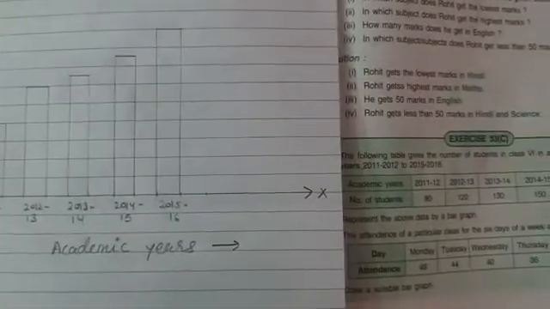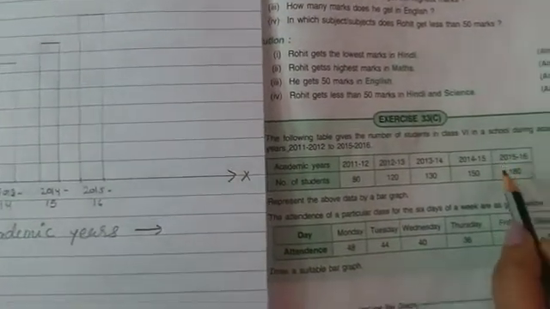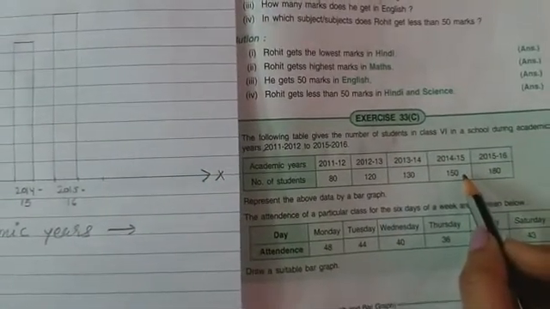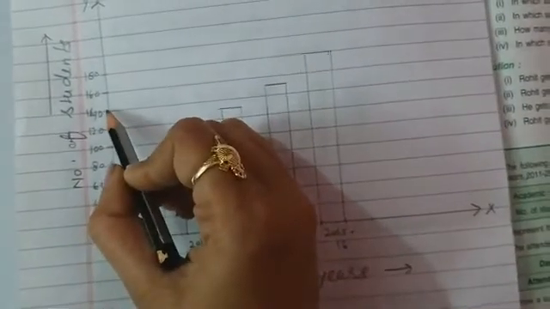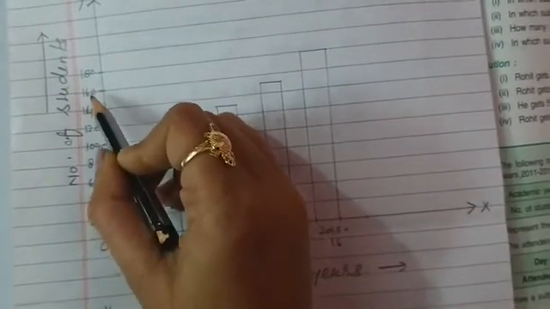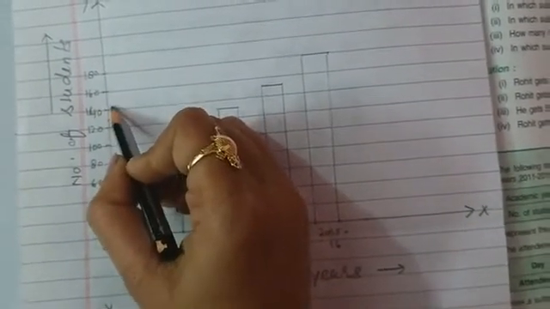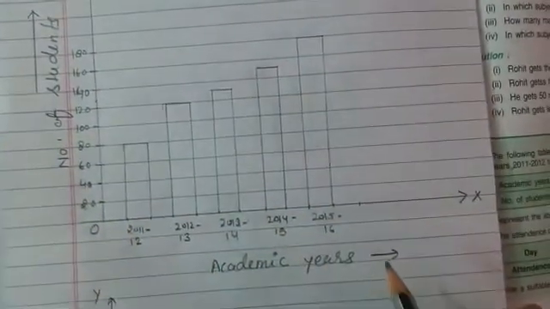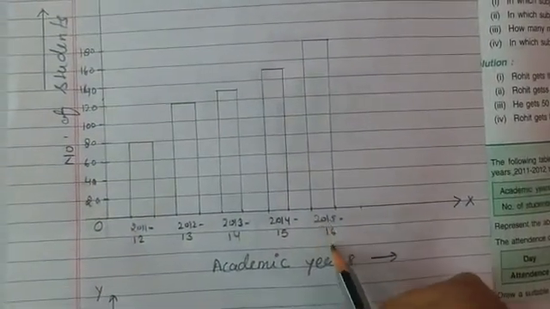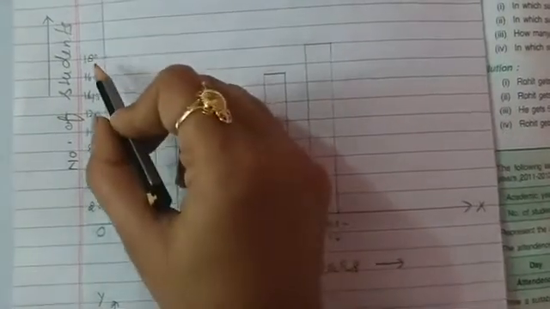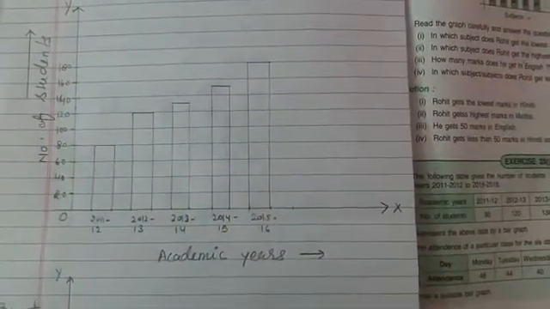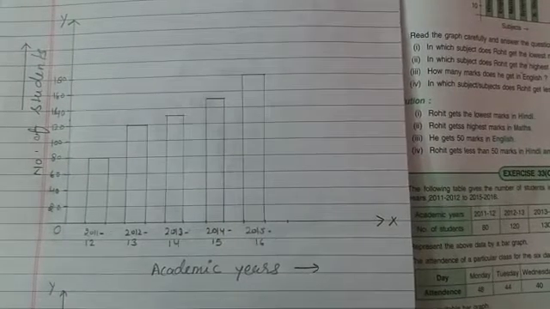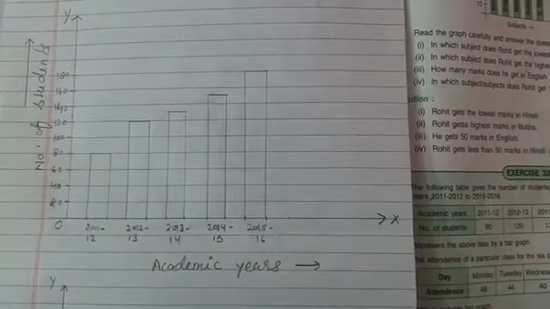Now 2014-15, 150. 150 will lie between 140 and 160. Okay. And in the last year, 2015-16, 180 students are there. Understood? Like this, we will draw a bar graph. Okay.